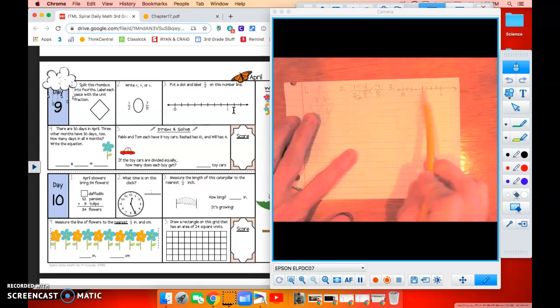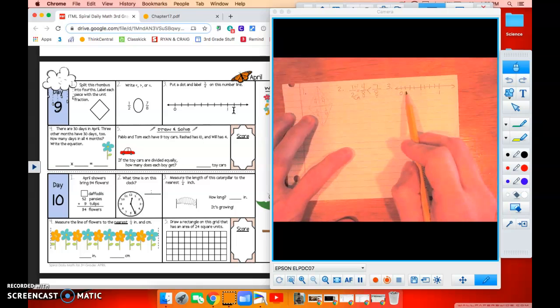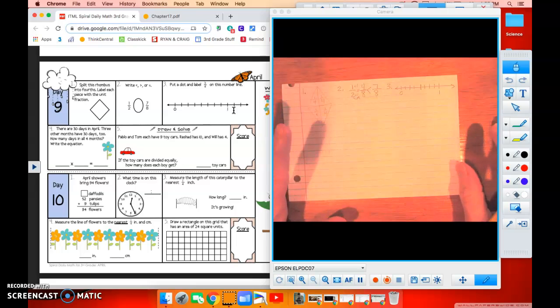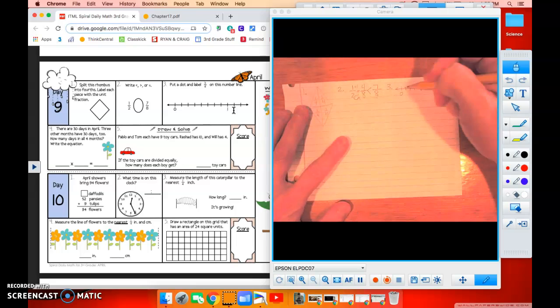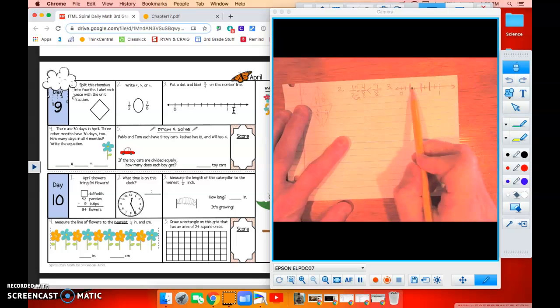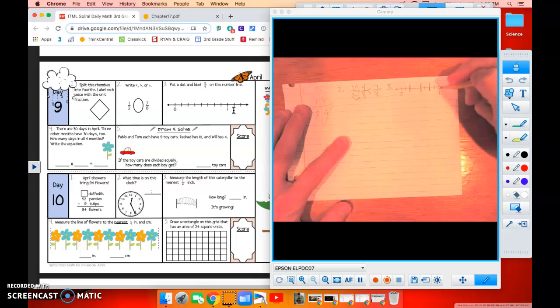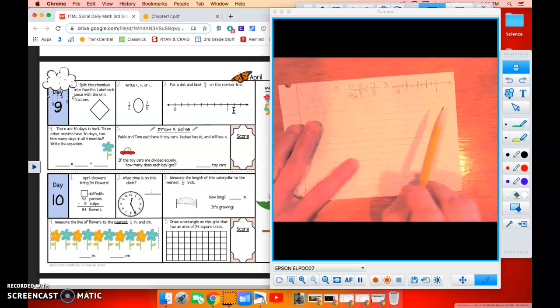So I need to break this into fourths. So see, 1, 2, 3, 4, 5, 6, 7, 8. If I divide that by 4, it gives me 2. So every 2 lines, now I should have 1, 2, 3, 4. So those are my 4 equal pieces.